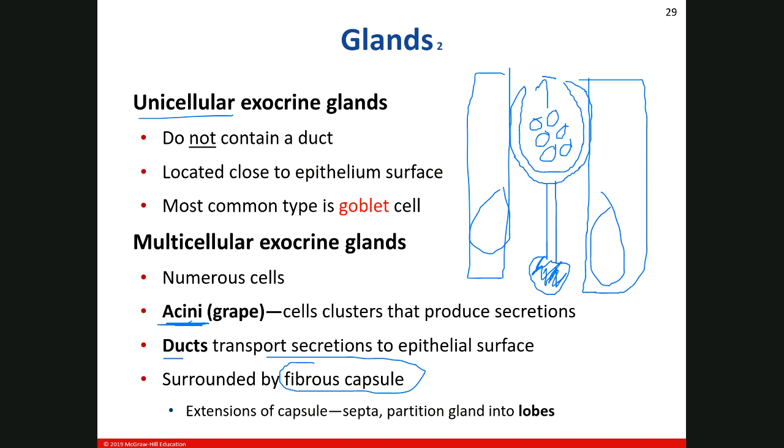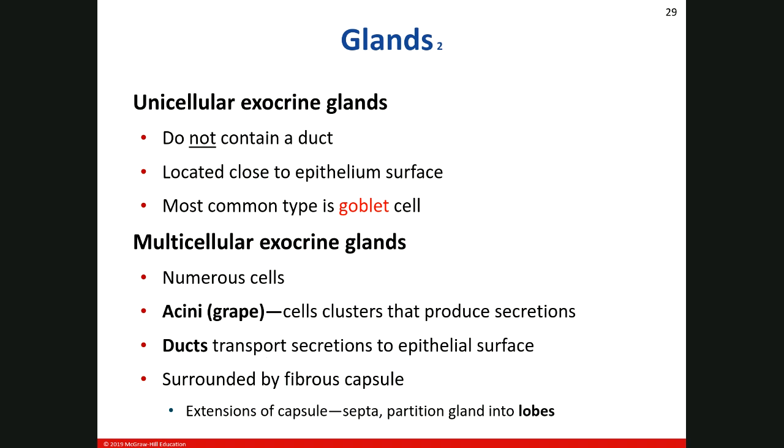The fibrous capsule will invaginate, so parts of it move into the gland and section off certain parts of it. Those partitions we refer to as lobes. It'll make sense when I show you the picture. I know my drawings don't do it justice.